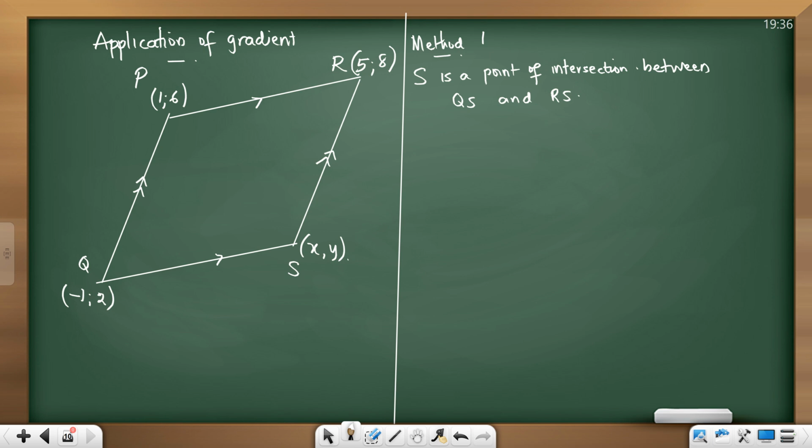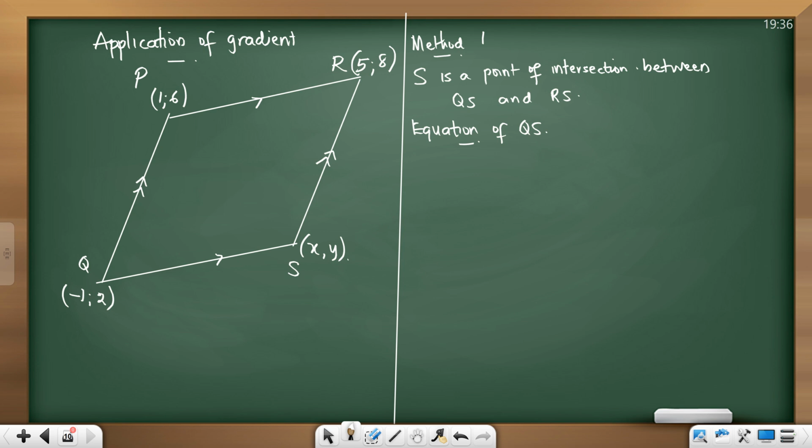And what did we say about the point of intersection? We can equate them. Now, everybody, I want us to get the equation of QS. This is going to be quite long, but interesting. You cannot get the equation of a line until you get the gradient.